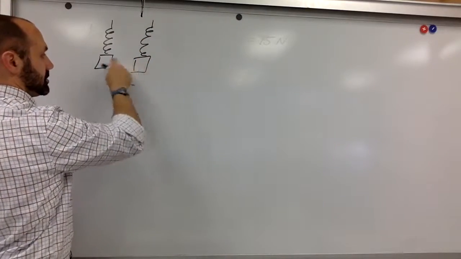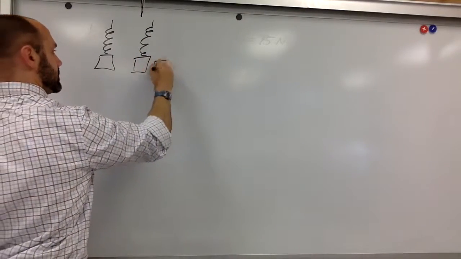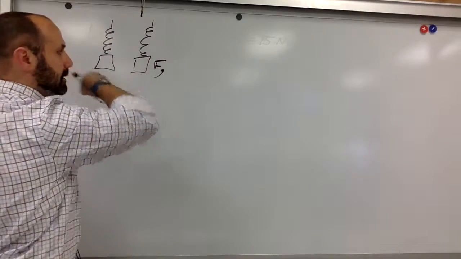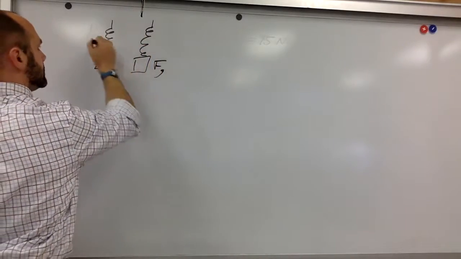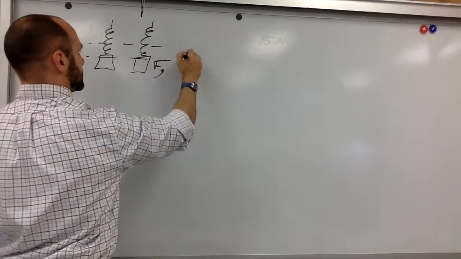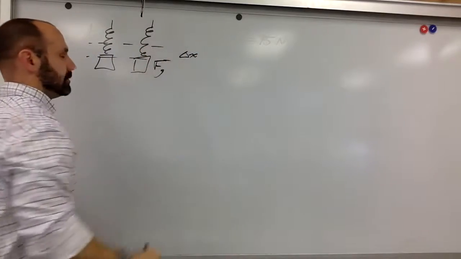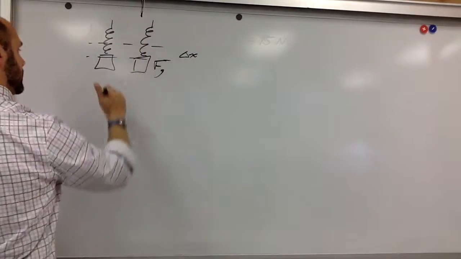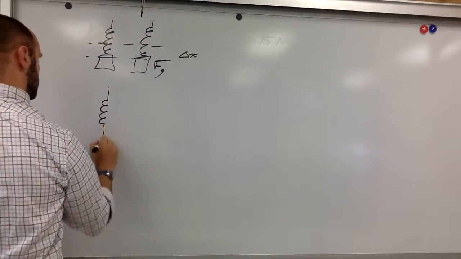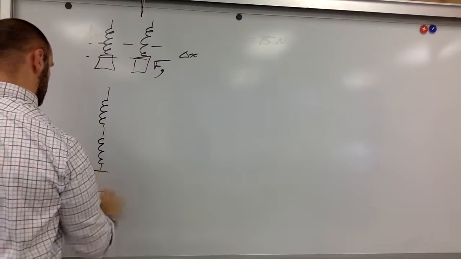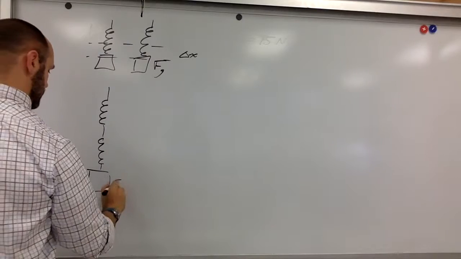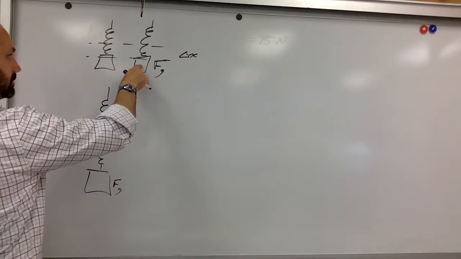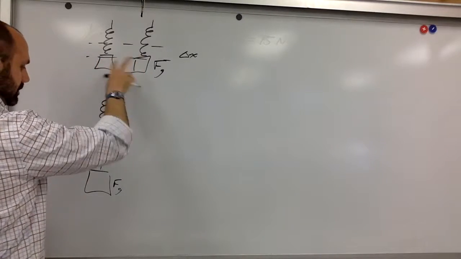What's the force? The force is just whatever the weight is from these things. So Fg is pulling down. And so that means that these springs have stretched a certain distance delta x. But when I put them one on top of the other, and I put this weight at the bottom, Fg, it's the same weight as this one. It's just only one.